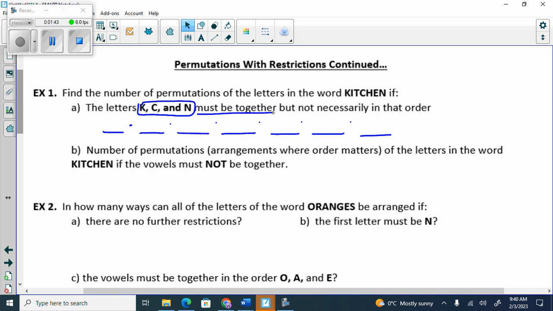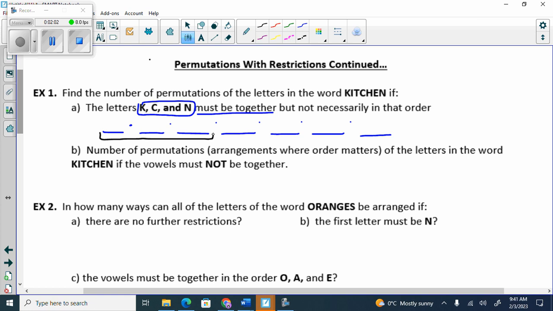So I hook them together at the beginning. I'm going to put them together right here. So I hook them together. That's where I'm going to locate the KCN.